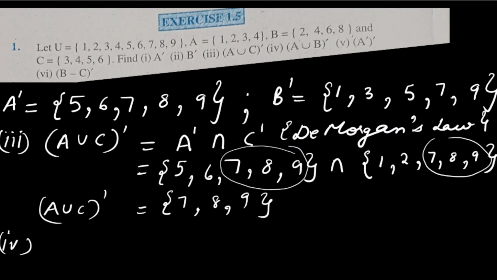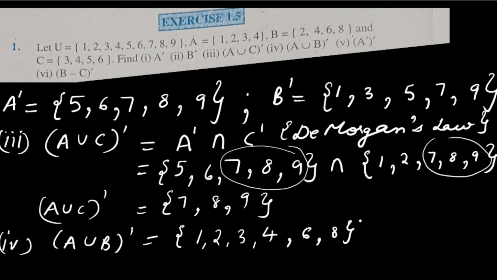Now fourth part I'll do directly and show you. It is A union B's complement I have to find. So let us find A union B first of all. When writing union, let's write all the elements of the first set. So A's elements I am writing: 1, 2, 3, 4. Then B's elements 2 and 4 are already there. Then 6 and 8.